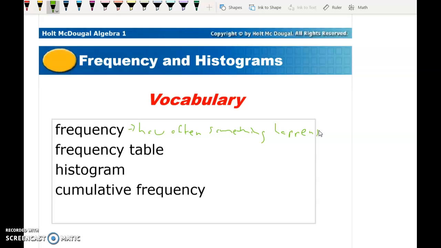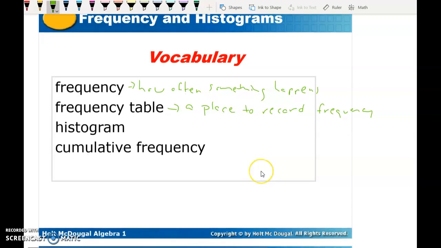There are 7 days in the week, so the frequency of the days is 7. A frequency table is just a place to record frequency. So we're going to see what that looks like in just a second. And then we'll talk about histogram and cumulative frequency later.